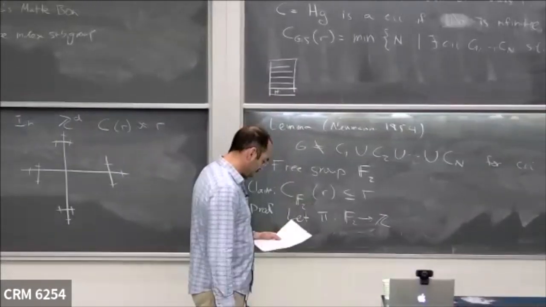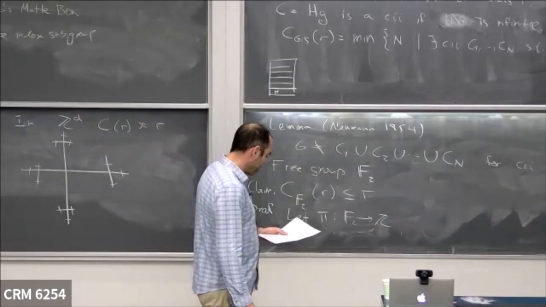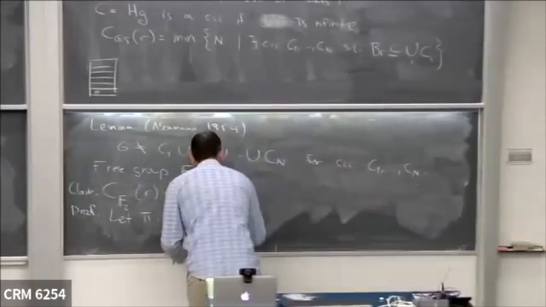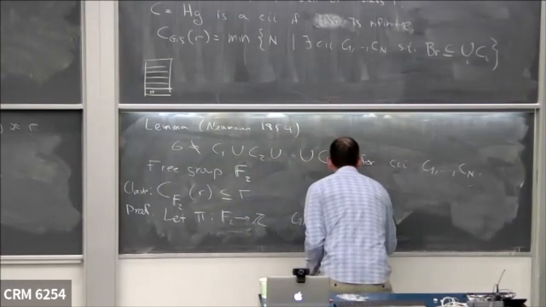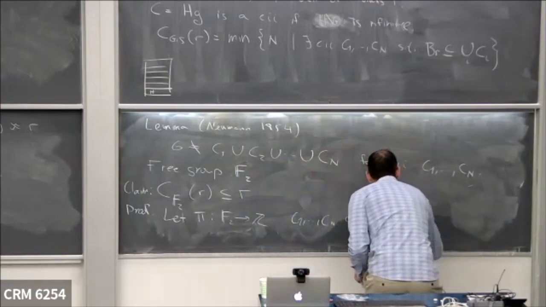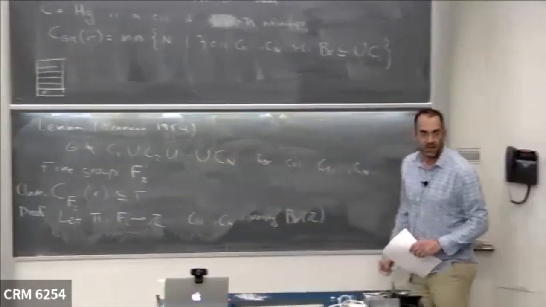So I have this quotient to Z. And I'm going to take C1 up to Cn, covering the ball of radius R in Z, which I can just take to be singletons.